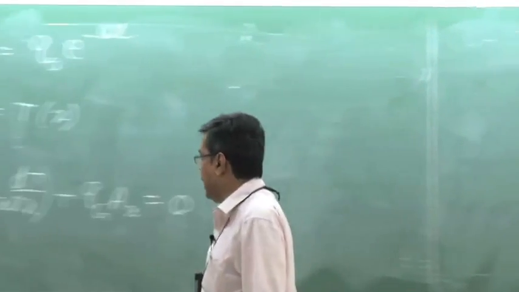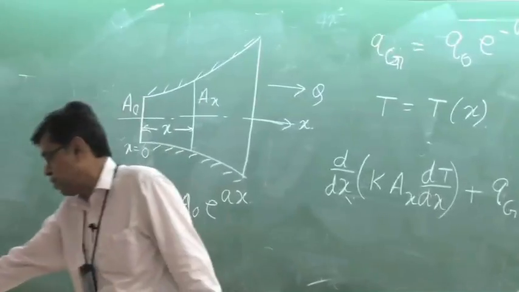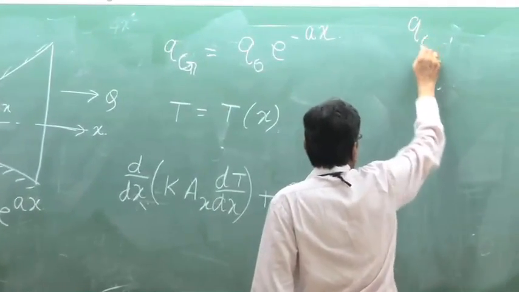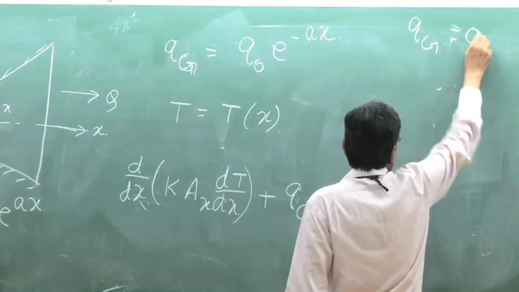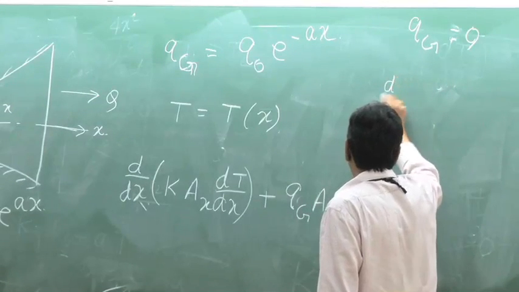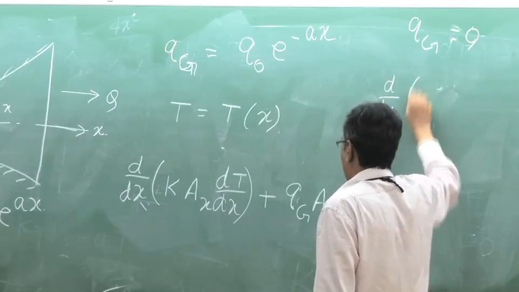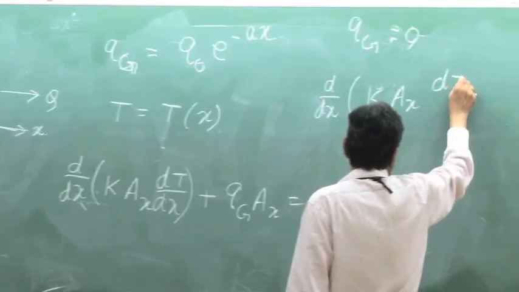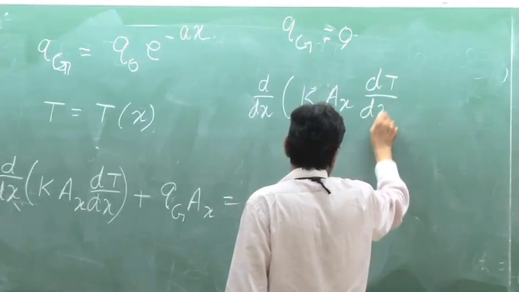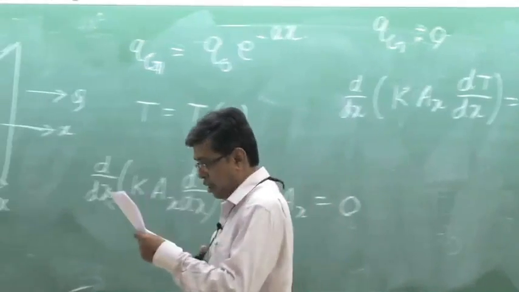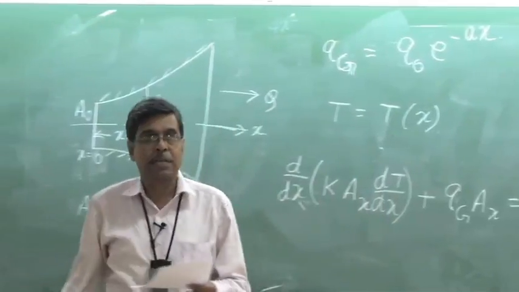then d dx of k A(x) dT dx is 0. Now in this problem it has been told that the thermal conductivity is constant.